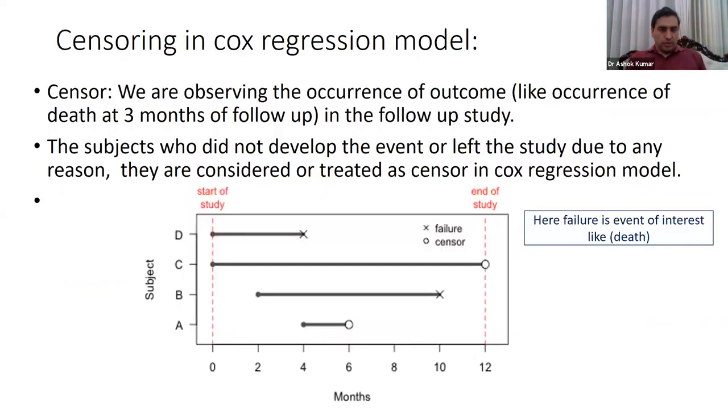Now in Cox regression model, there is one more thing, that is censoring. So what is censoring? We are observing the occurrence of an outcome, like occurrence of death at 3 months of follow-up in a follow-up study, or occurrence of complication at 3 month follow-up.